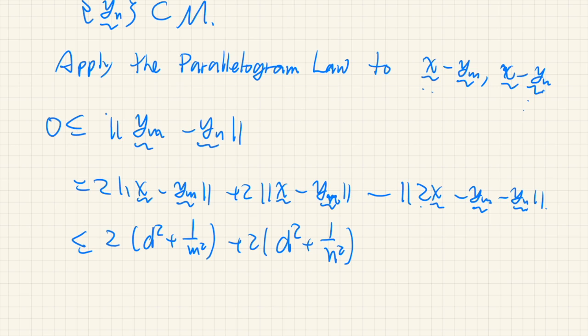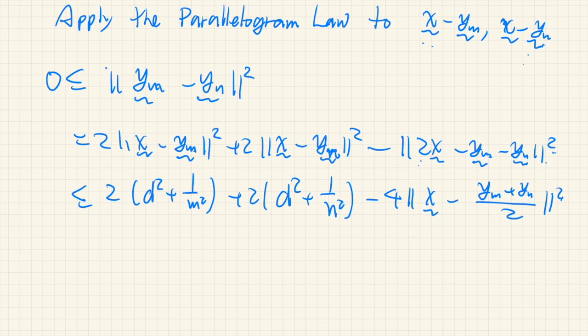And let's factorize 2 out, and minus, wait a minute, so this should be squared. Factorizing 2 out, so 4 will be out, and x minus the average of ym and yn, squared. Let's rearrange this a little bit. So we have 2 over m squared plus 2 over n squared, and we have 2d squared from here.